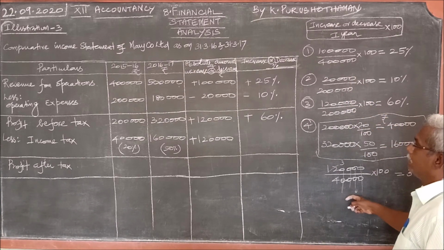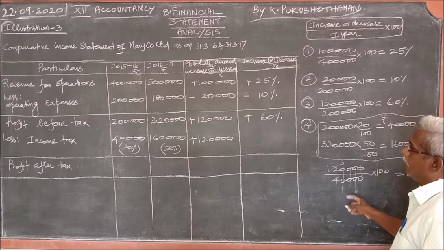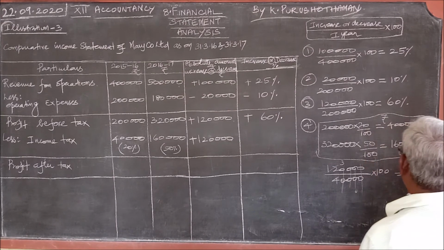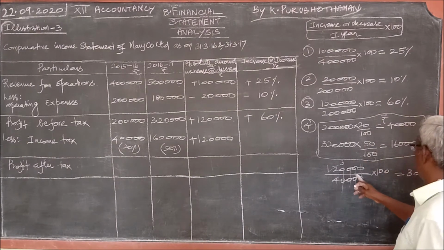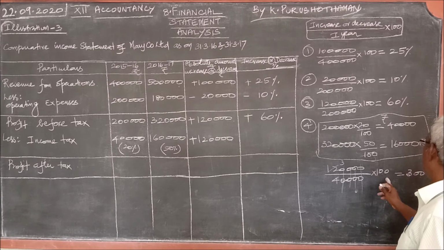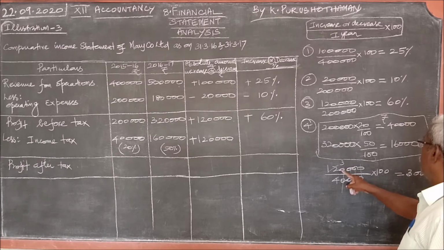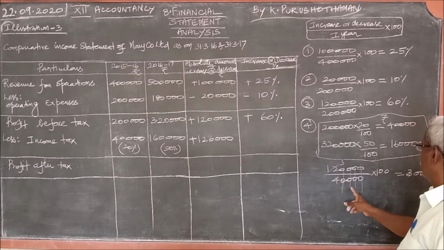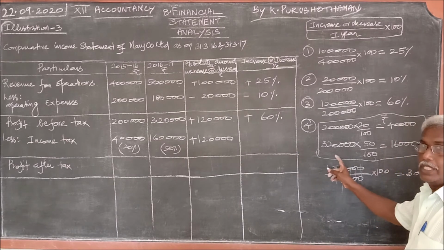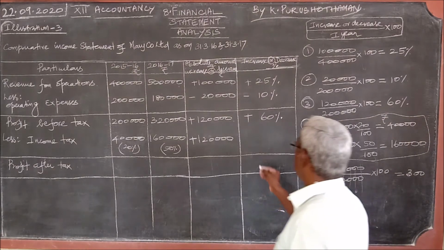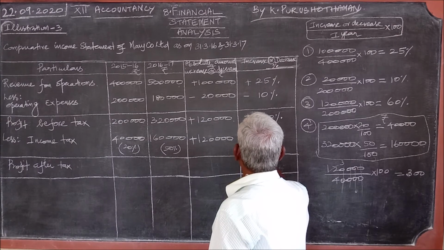Only in this item, for tax items, you must be very careful in its increase. 300 times increase. So this is plus 300%.